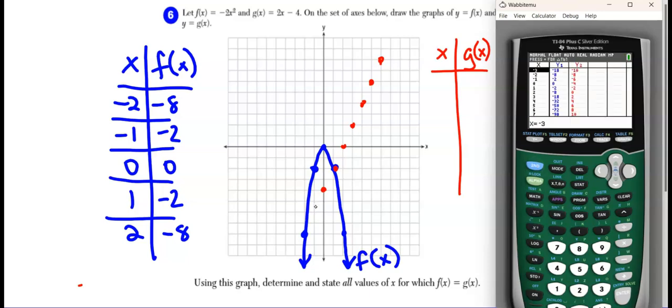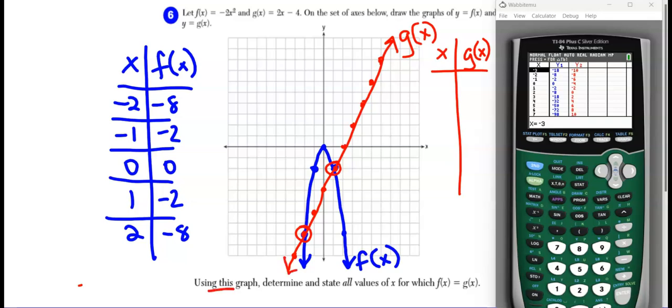And I'm going to graph a few more points here. And you'll notice I've got an overlap here and there. So first I'm going to connect my line. I'm going to label my graph g of x.